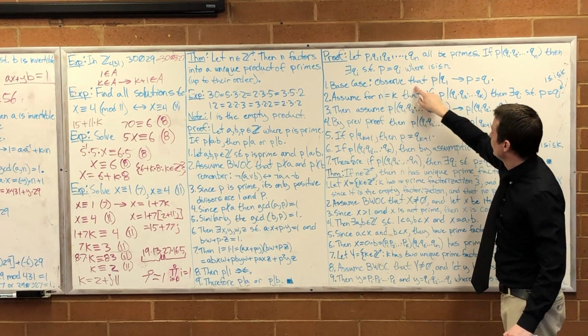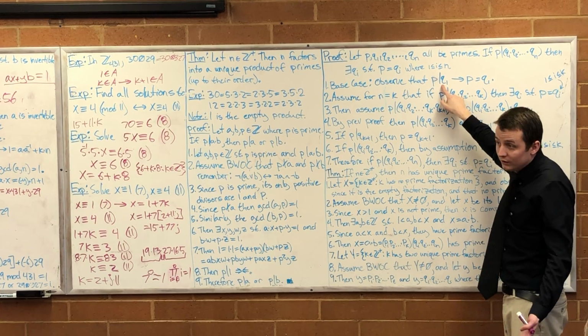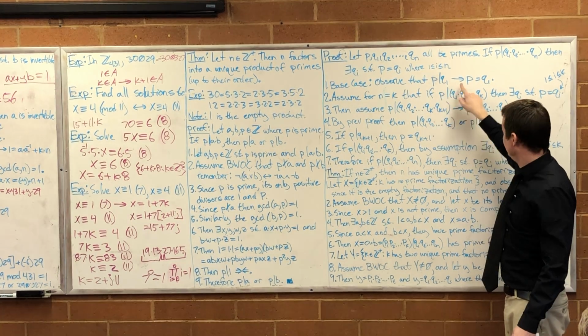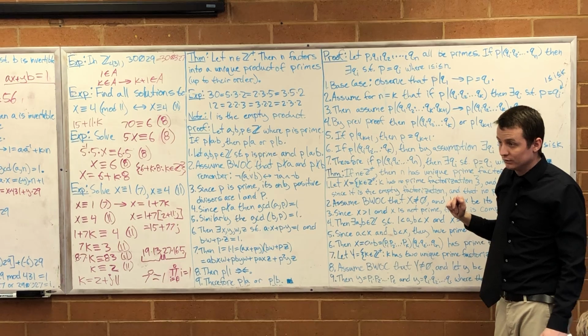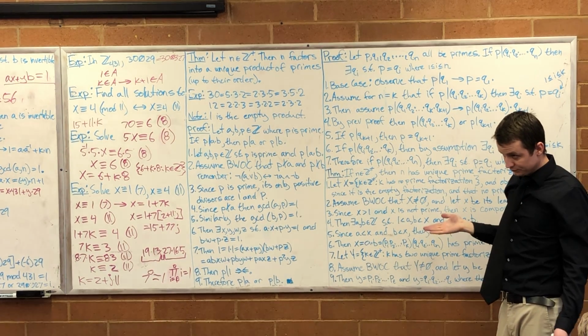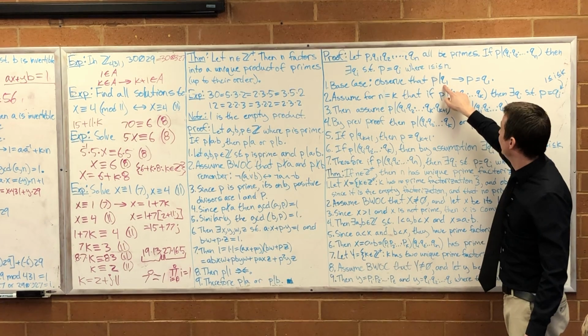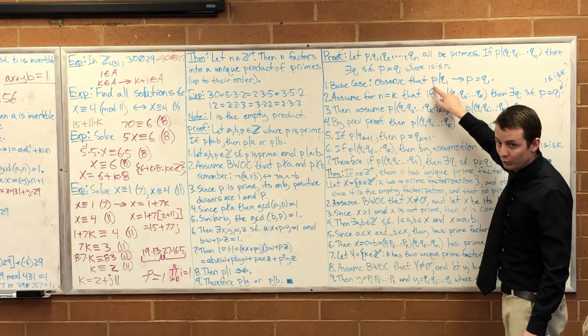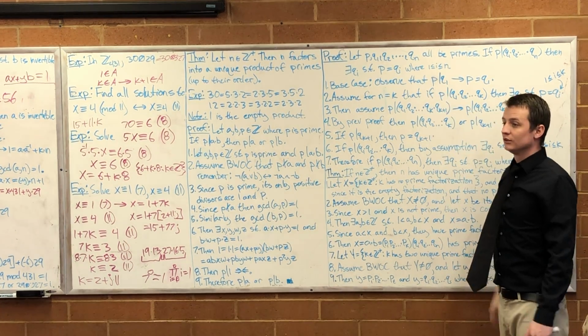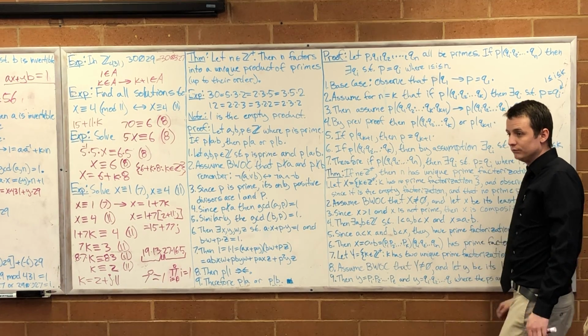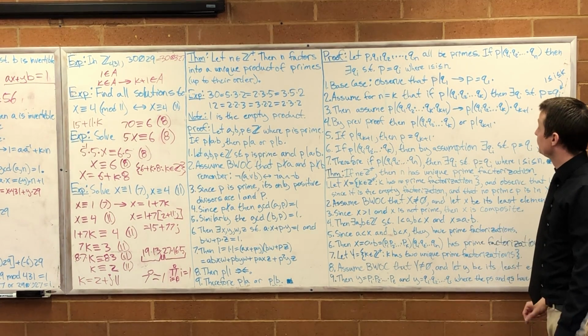So, base case: observe that if p divides just one prime number, p is equal to that prime number. The only positive divisors of this are 1 and itself. p divides it, it's not 1, so they have to be equal. All right, that's the base case.